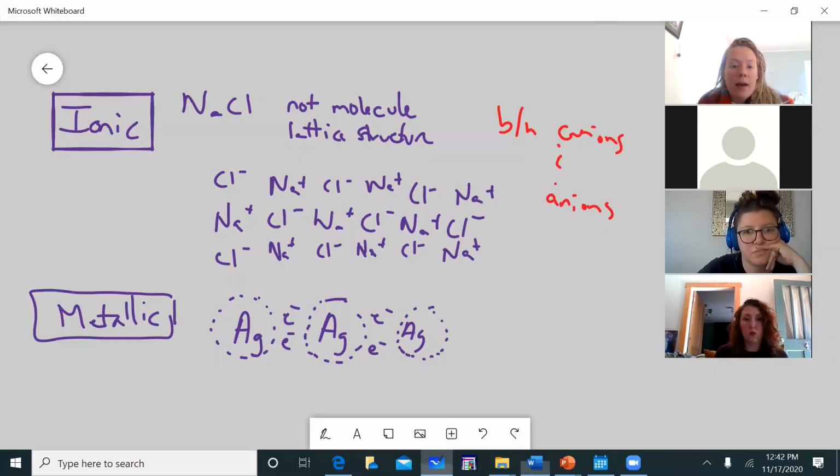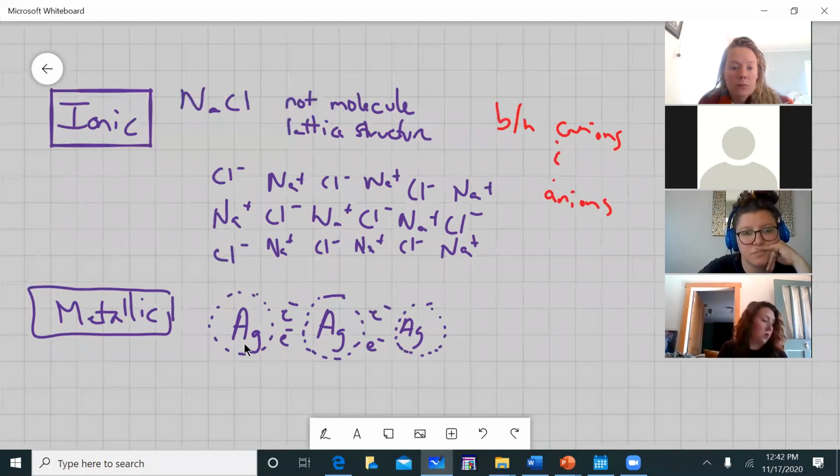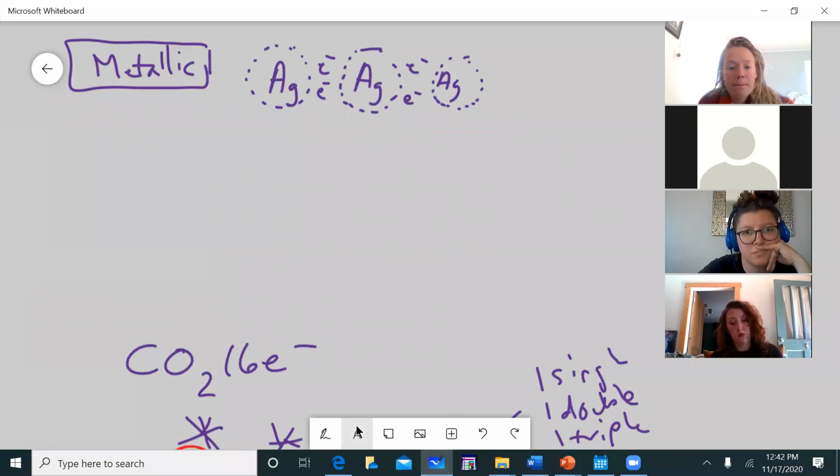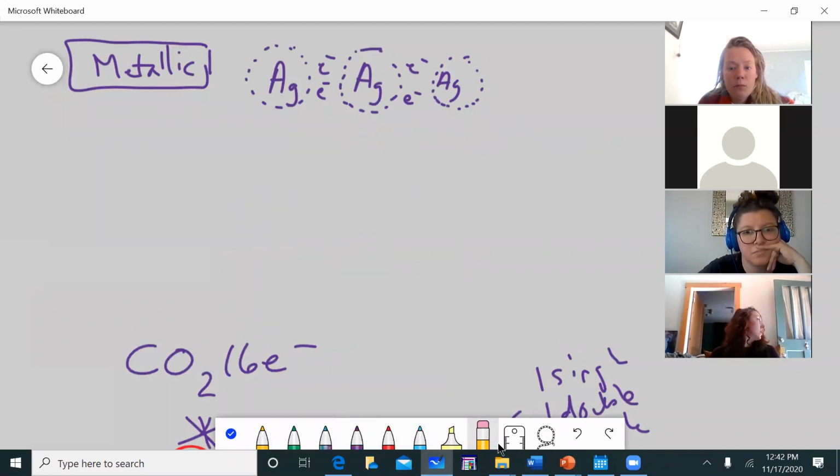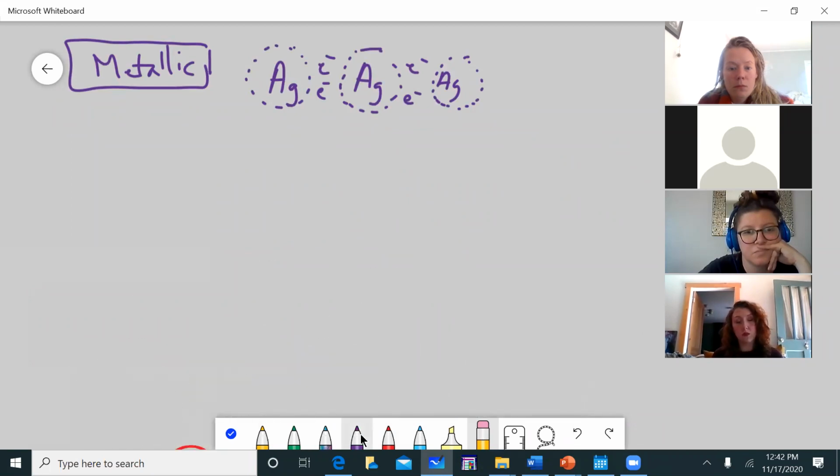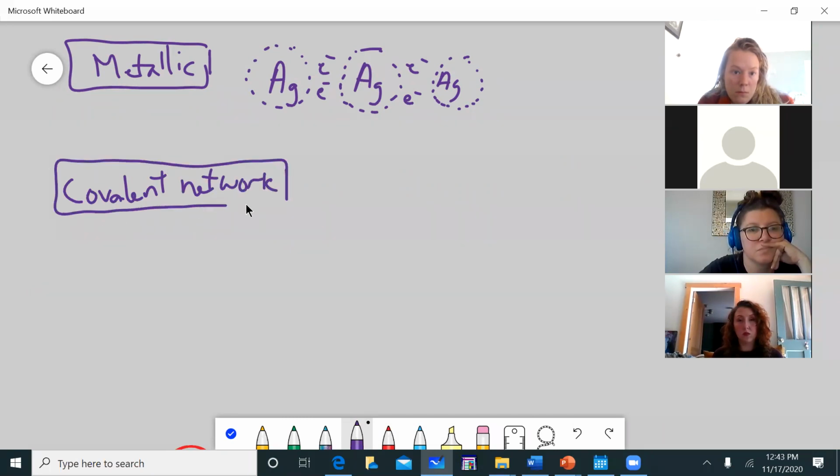So what I am not talking about here is just a molecule that has covalent bonds. So I'm talking about something like, okay, we said diamond.